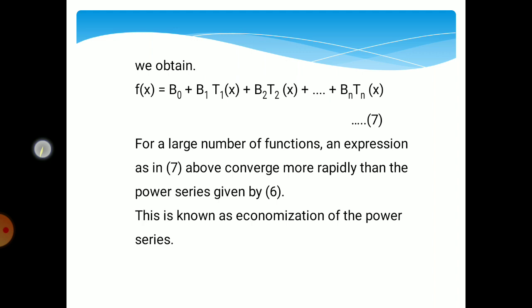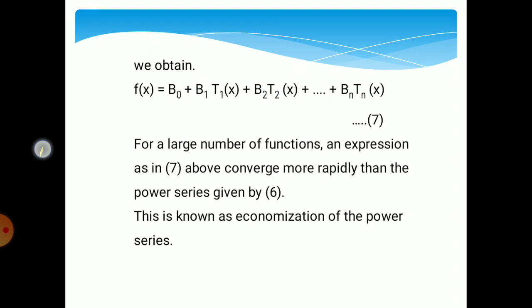For a large number of functions, an expression as in equation 7 above converges more rapidly than the power series given by 6. Means the series given by 7 converges more rapidly than the power series given by 6, and this is known as economization of the power series.